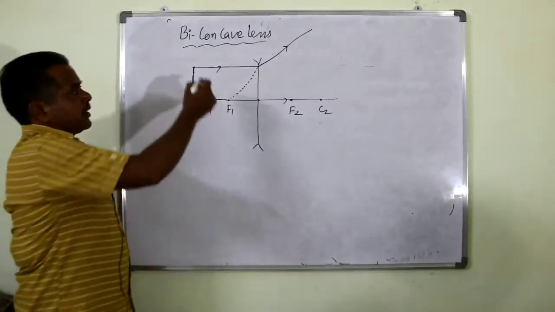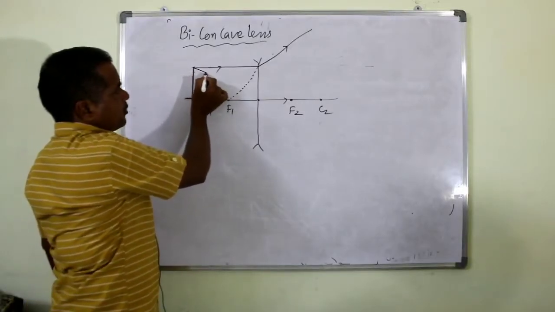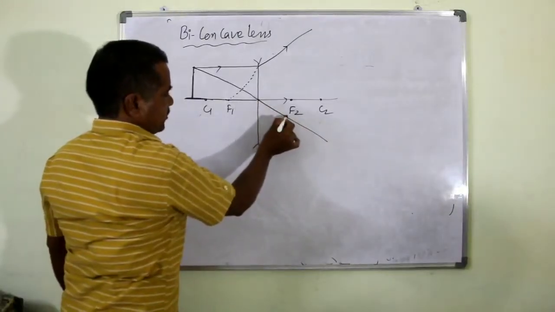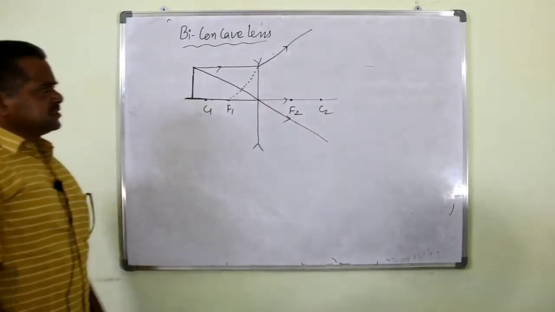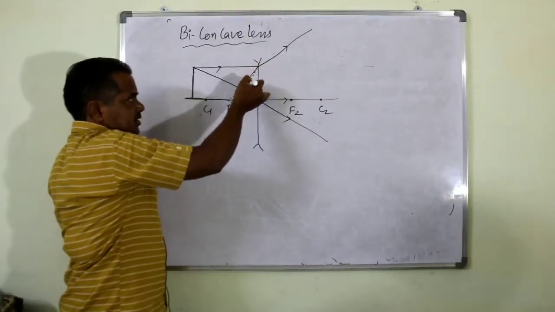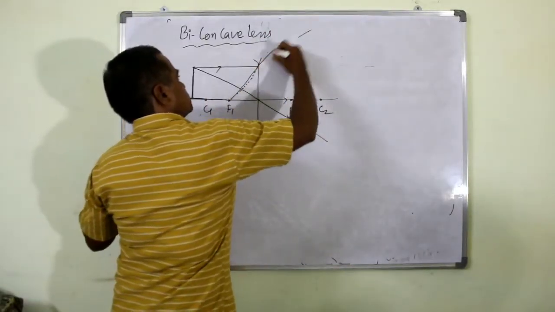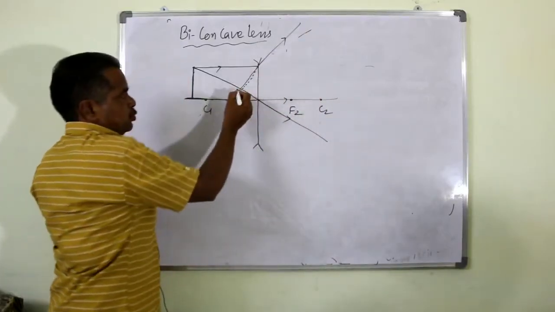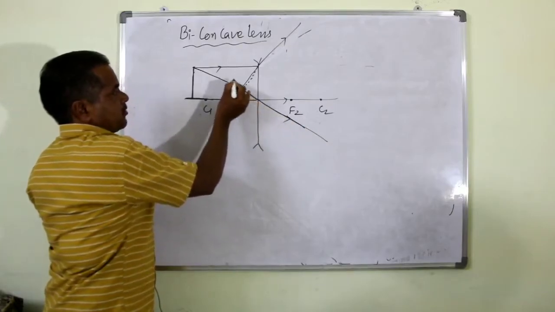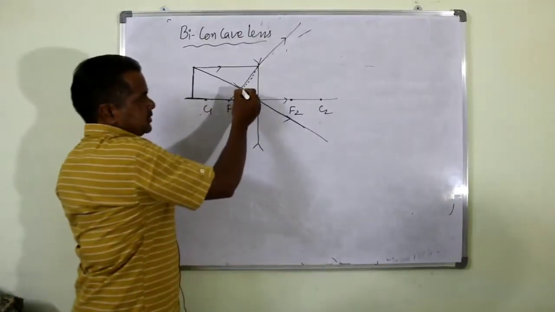And take one more light ray which comes from the top of the object and passes through the optic center. At that time the corresponding refracted ray doesn't deviate its direction. Here, if you extend the refracted rays in the backward direction, these two refracted rays intersect at one point.